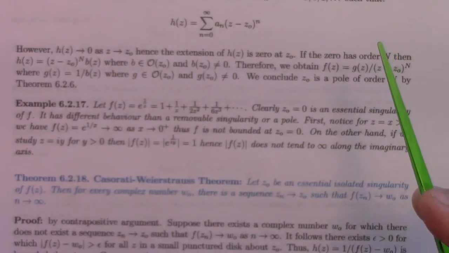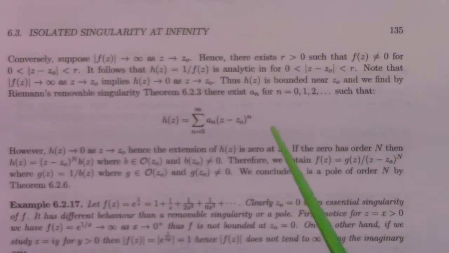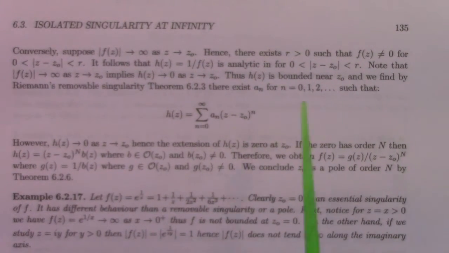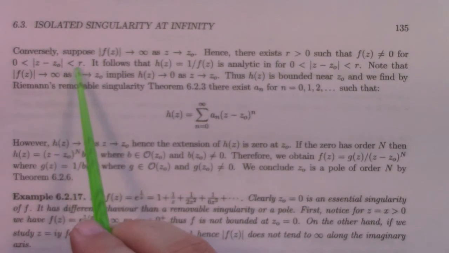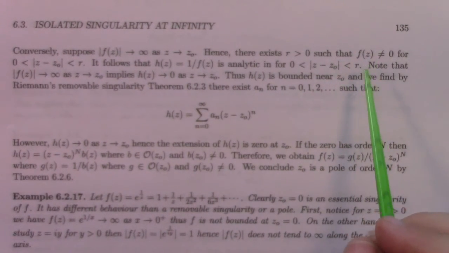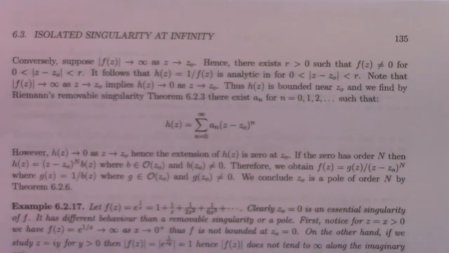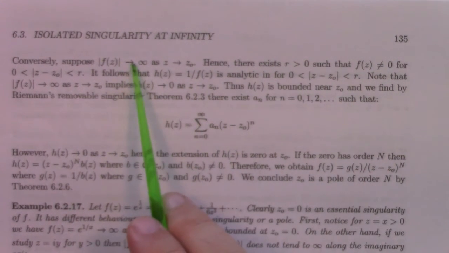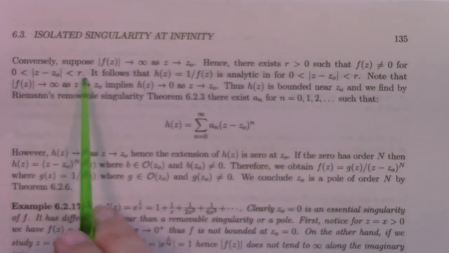The converse direction, of course, if you have the modulus going to infinity, then that means that there's some r, all right, such that f of z is not equal to 0. So of course, if f of z goes to infinity, it means that the values are not 0, right, on any punctured disk like this.